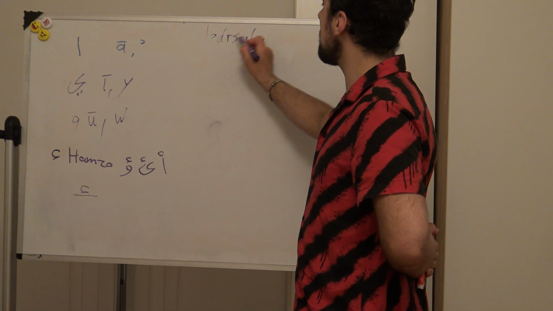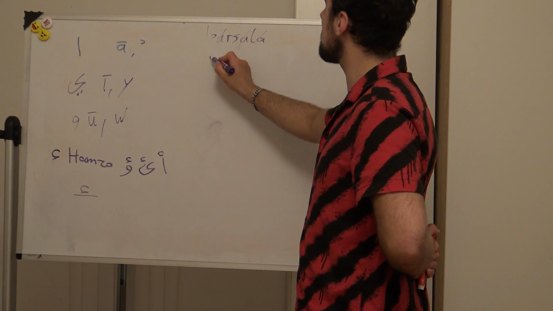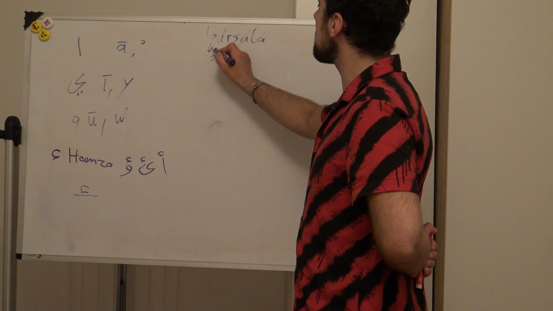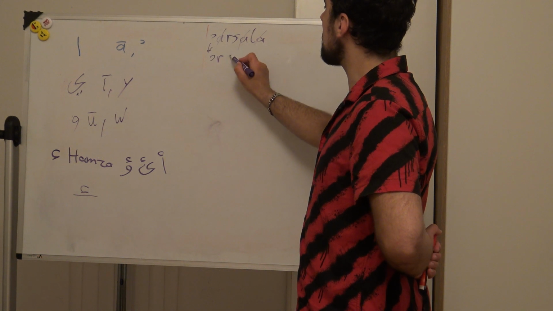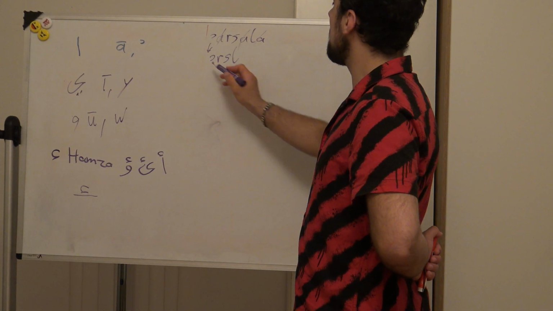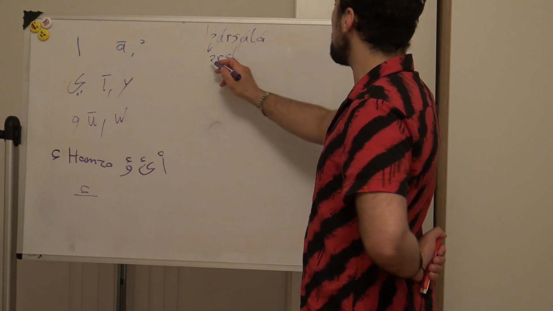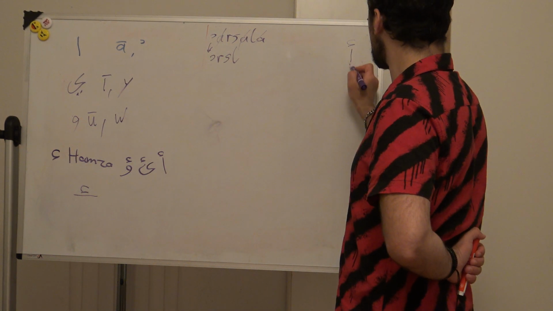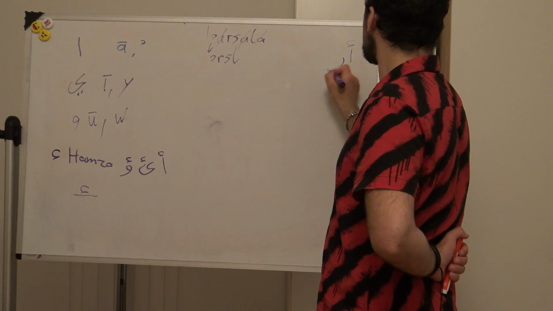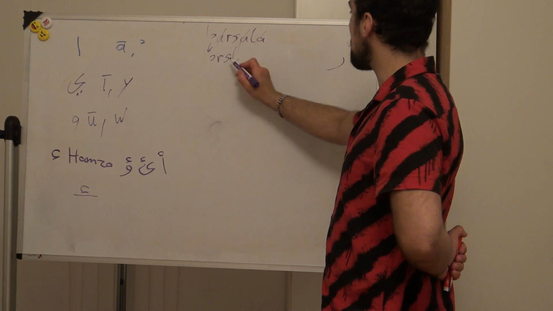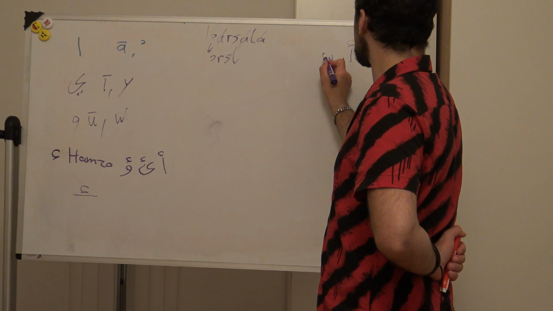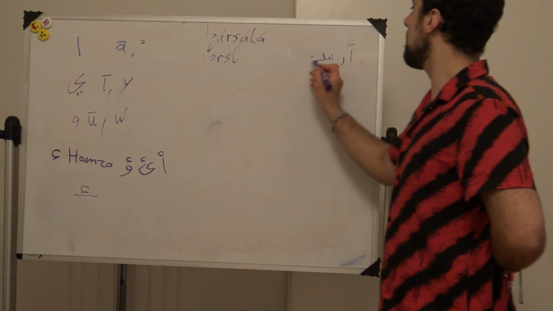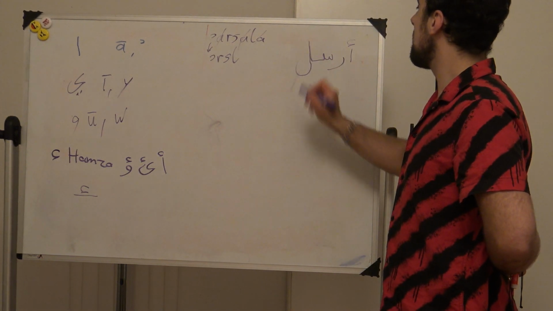Same procedure as always, we cut off the short vowels. What remains is the consonants. The Hamza, which at the beginning takes an Alif as a chair, then the Ra, represented by the letter Ra, then S, the letter Sin, and L, the letter Lam.